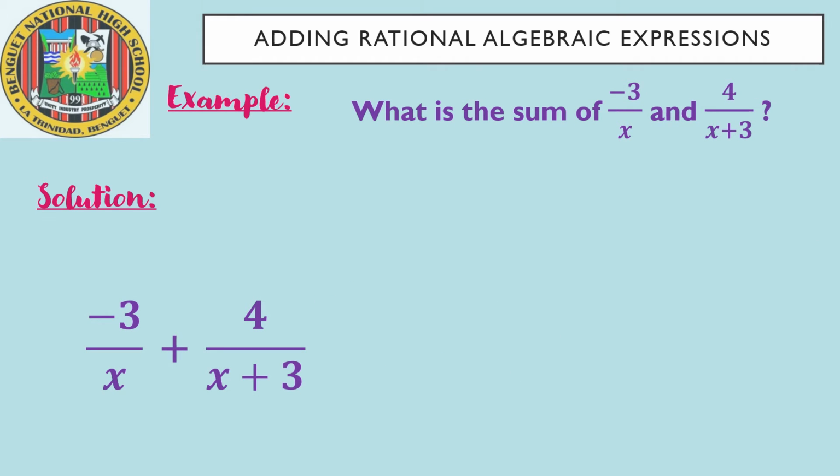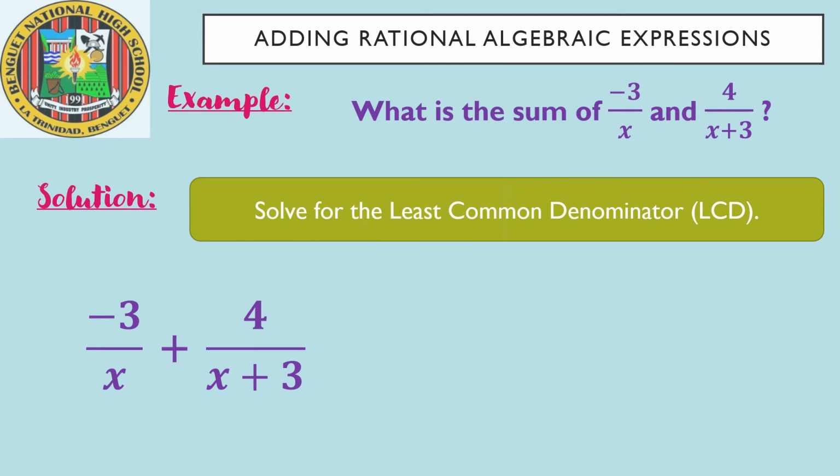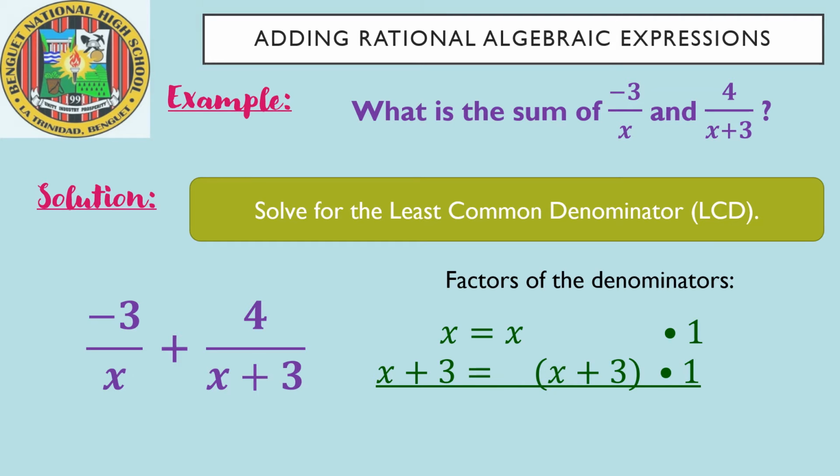If the expressions are dissimilar RAEs, we make them similar by solving for the least common denominator or the LCD. We do this by comparing the factors of the denominators. For the first denominator x, we have x and 1 as its factors. For x plus 3, we have x plus 3 and 1 as its factors.